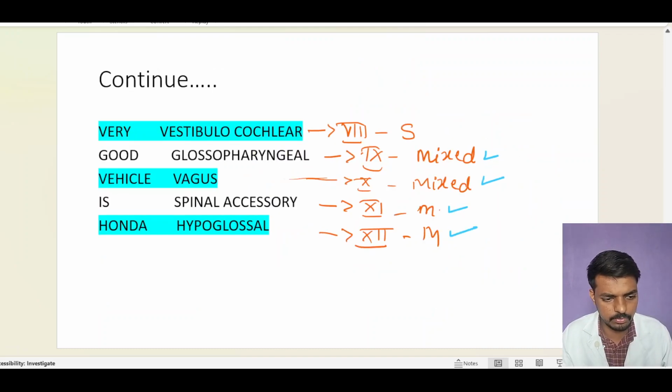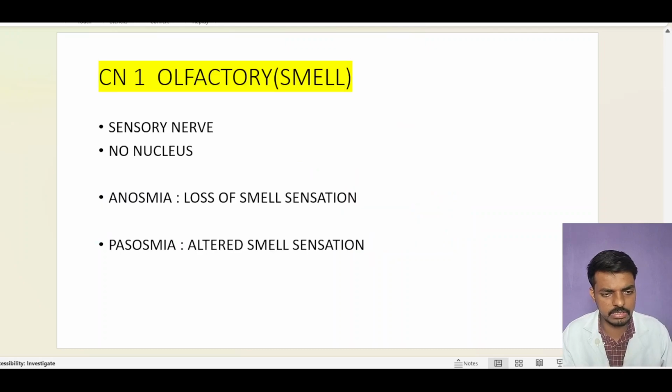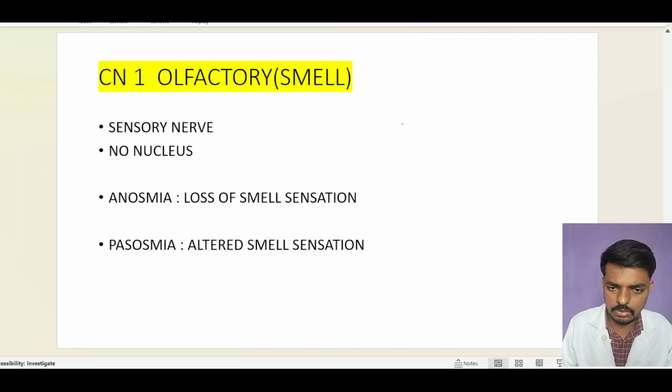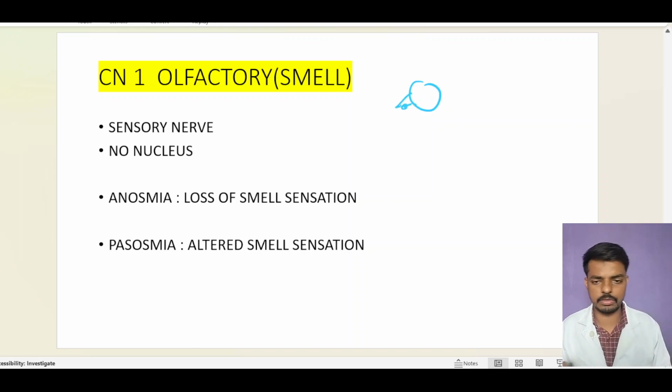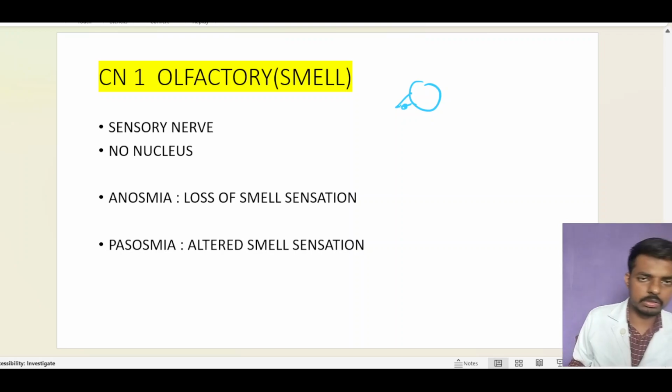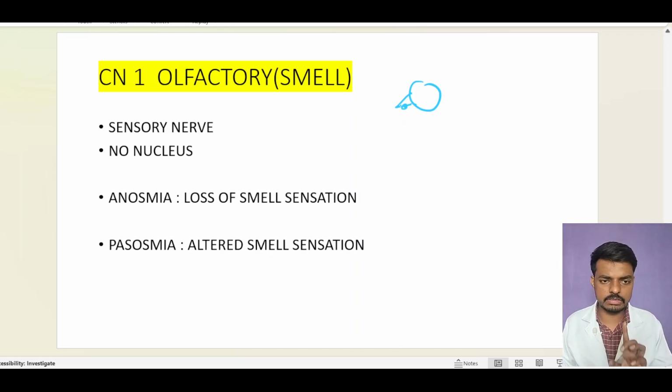Okay, very important. The first cranial nerve we will study in detail now. So I have told you, cranial nerve number 1, that is the olfactory nerve, that is responsible for smell.